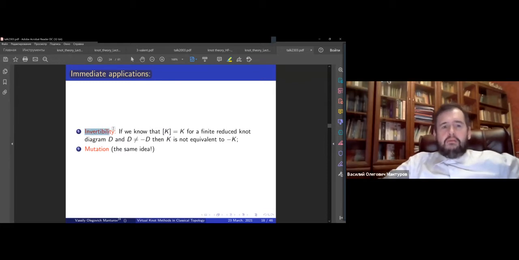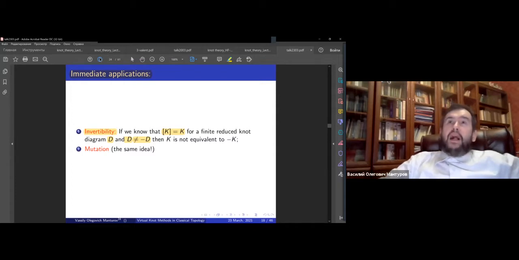Say, if we want to see invertibility, then knowing that the bracket of K equals K, and having some finite, reduced knot diagram which is not equal to itself, then K is not equivalent to minus K. Well, here I'm cheating a little bit, because in its simplest form, the bracket does not know the orientation, but we have some brackets like the Kuperberg bracket and so on. And I wonder even maybe some number of colorings which Penrose found to be negative somehow.